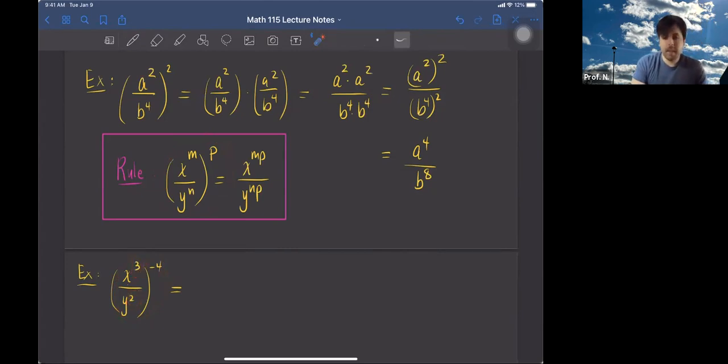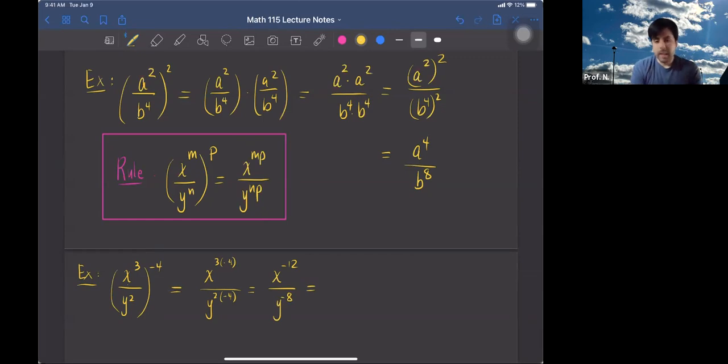That's my m and my n, respectively. And then my p power is negative 4. According to the rule that I just established, I can write this as x to the 3 multiplied by negative 4 over y squared to negative 4. But what's 3 times negative 4? Negative 12. 2 times negative 4? Negative 8. So it's x to the negative 12 over y to the negative 8.